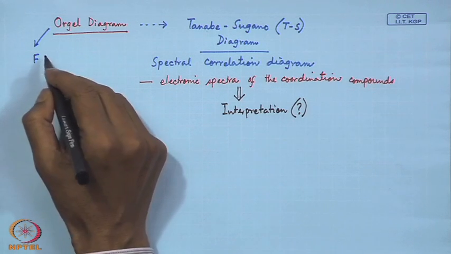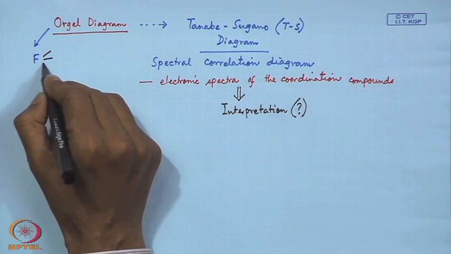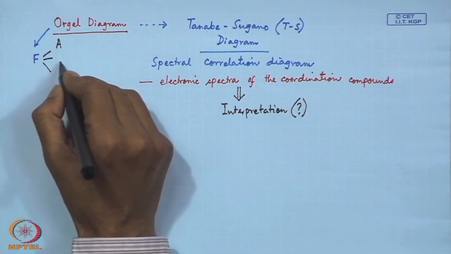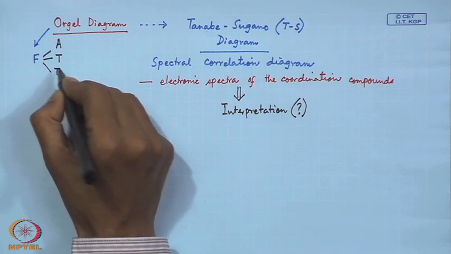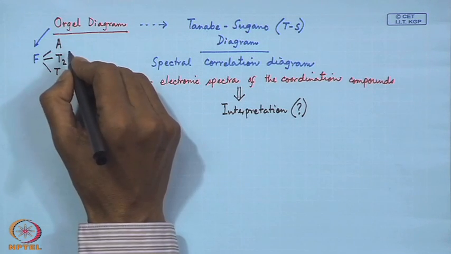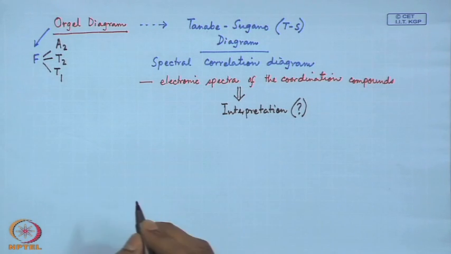If the F is giving rise to 3 terms, one is T2, another is T1 and another is A2.